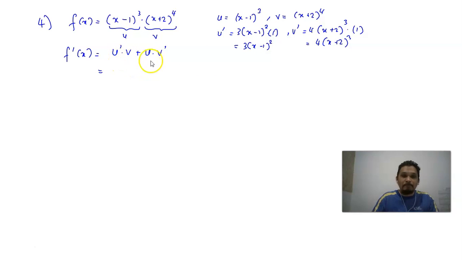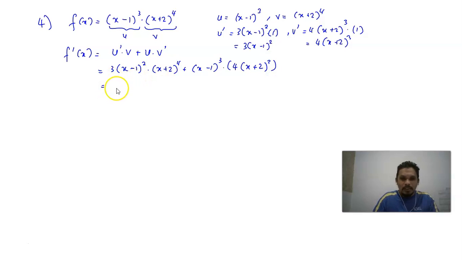Then now substitute here: u prime, which is 3(x minus 1) squared, times v, which is (x plus 2) to the power of 4, plus u, (x minus 1) cubed, multiplied with 4 here and (x plus 2) to the power of 3.